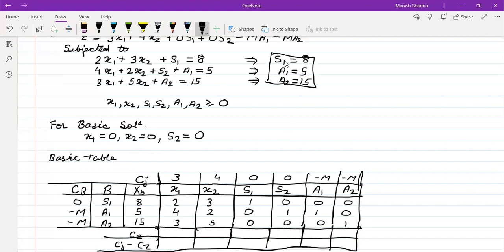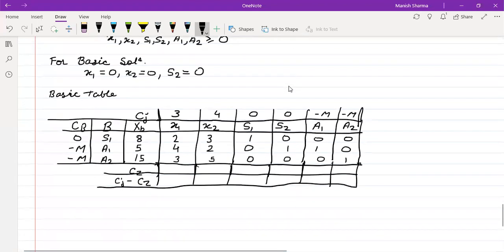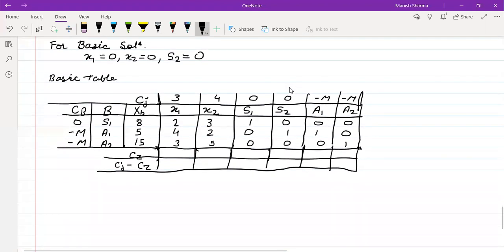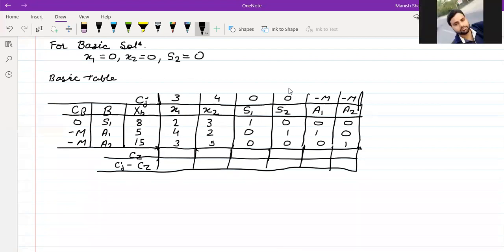How do you calculate Zj? CB into x1, x2, and so on.